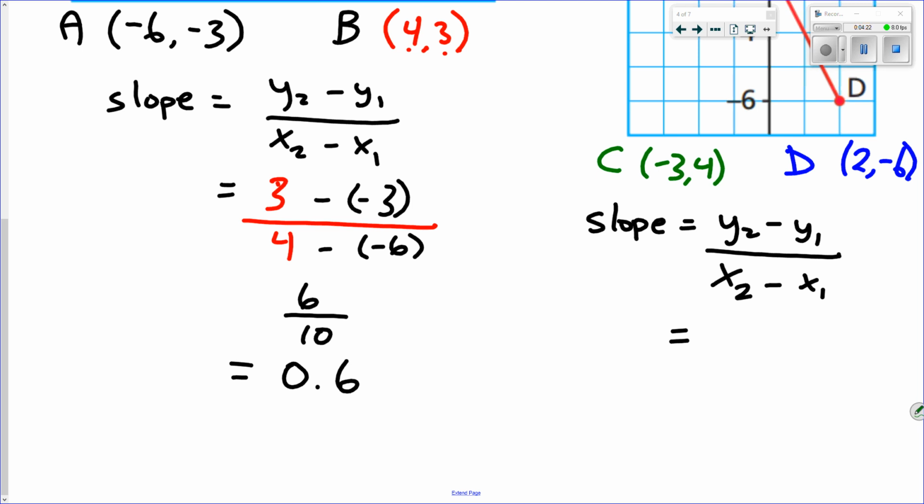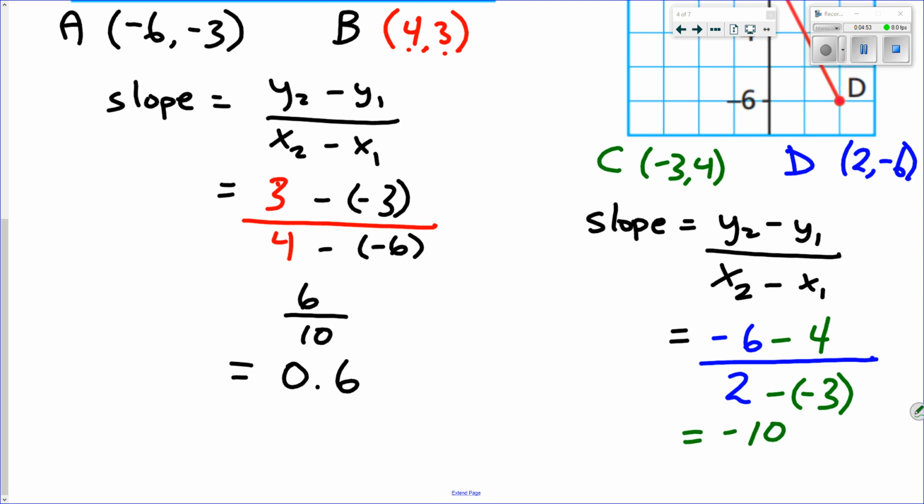So y2 is negative 6, x2 is 2, y1 is 4, and x1 is negative 3. So negative 6 minus 4 is negative 10. 2 minus negative 3 is 5. So our slope of CD is negative.